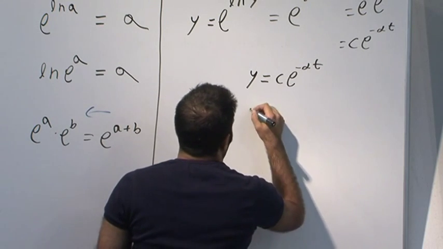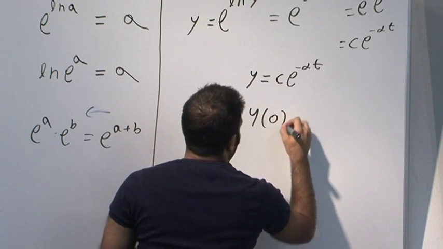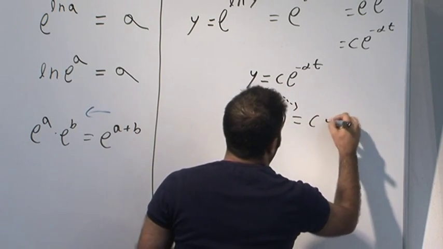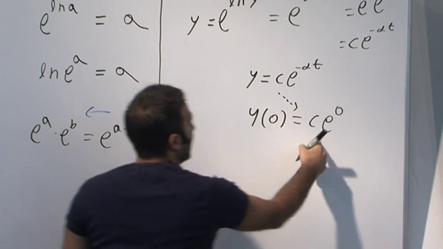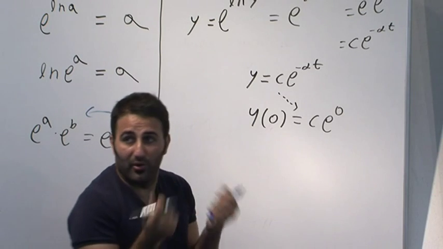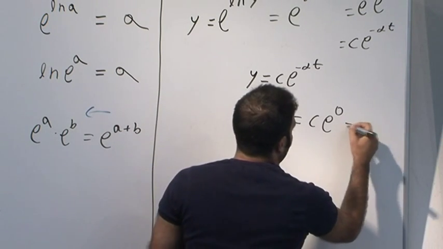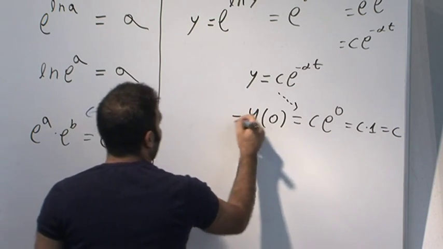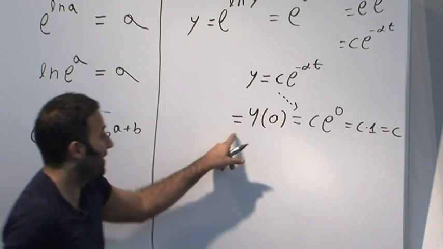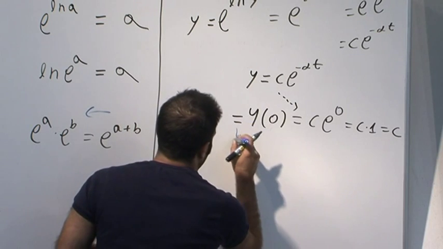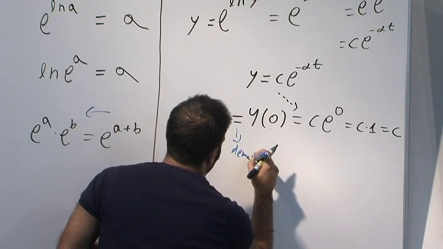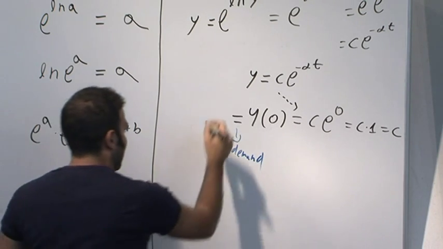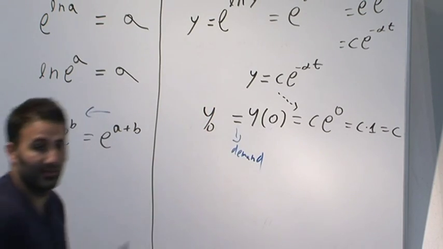So y at time 0, by the solution, equals c times e to the power of 0. e to the power of 0 is 1. So we have c times 1, which is c. On the other hand, we demand that it has to be equal to the initial amount, which is y0.